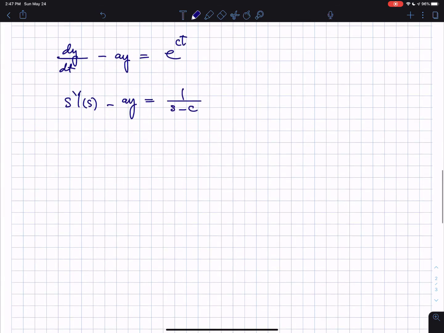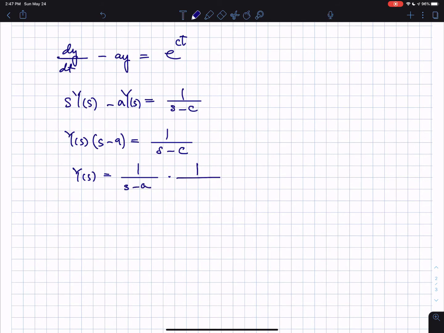Sorry, that should be a y of s. So if I factor out a y of s, I get s minus a times y of s equals 1 over s minus c, and therefore y of s is equal to 1 over s minus a times 1 over s minus c.